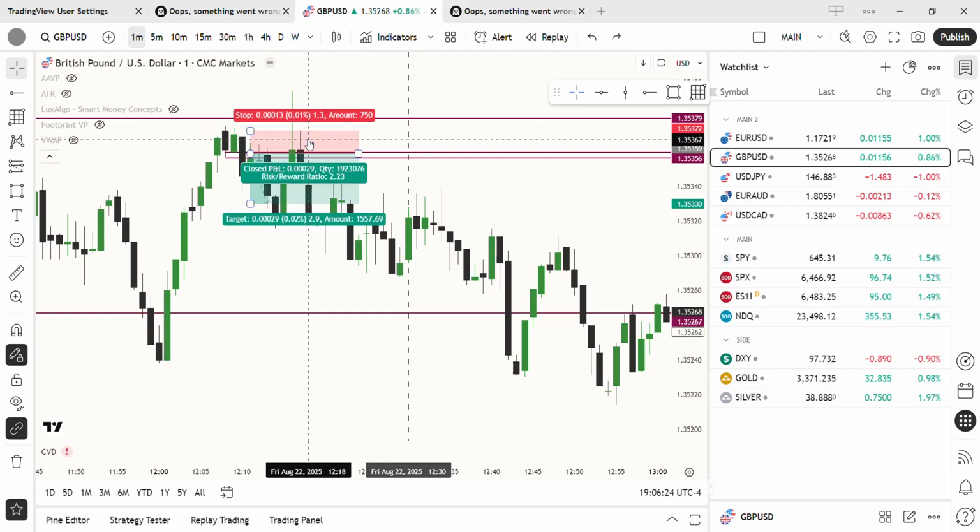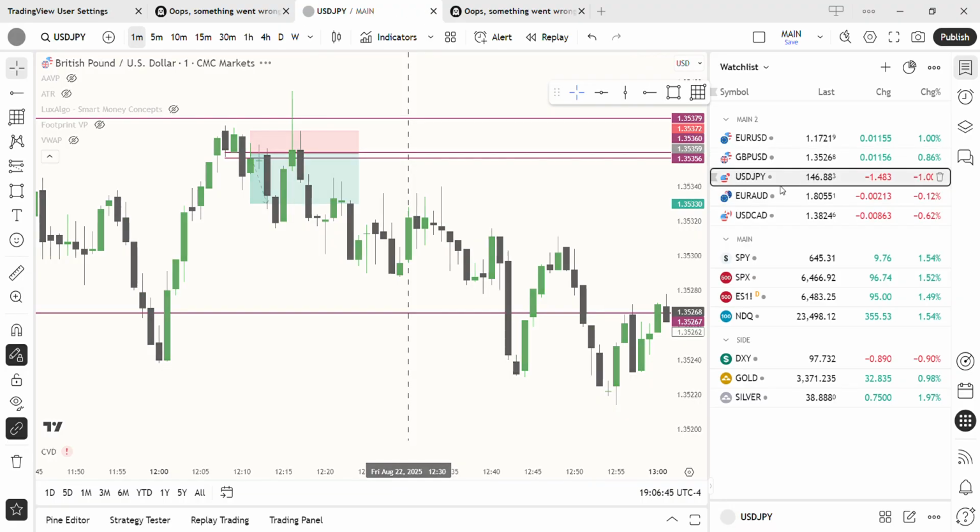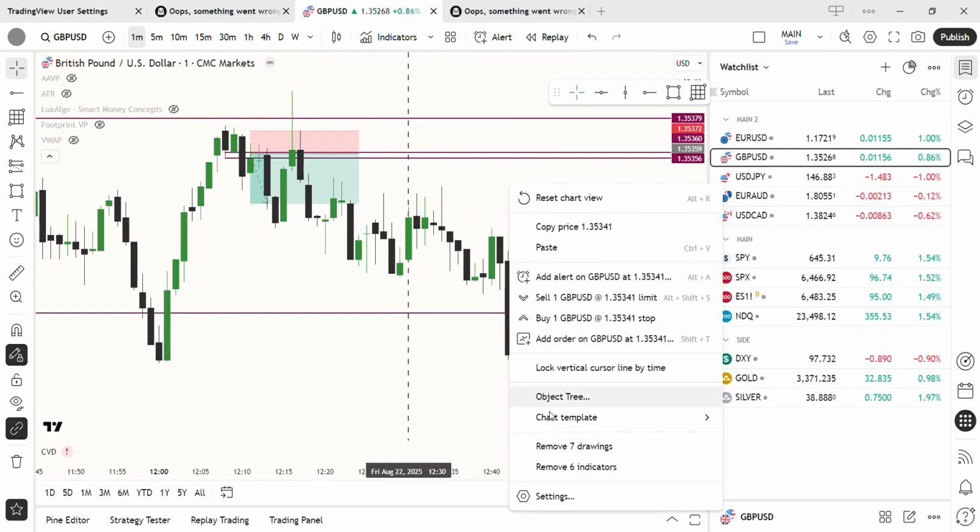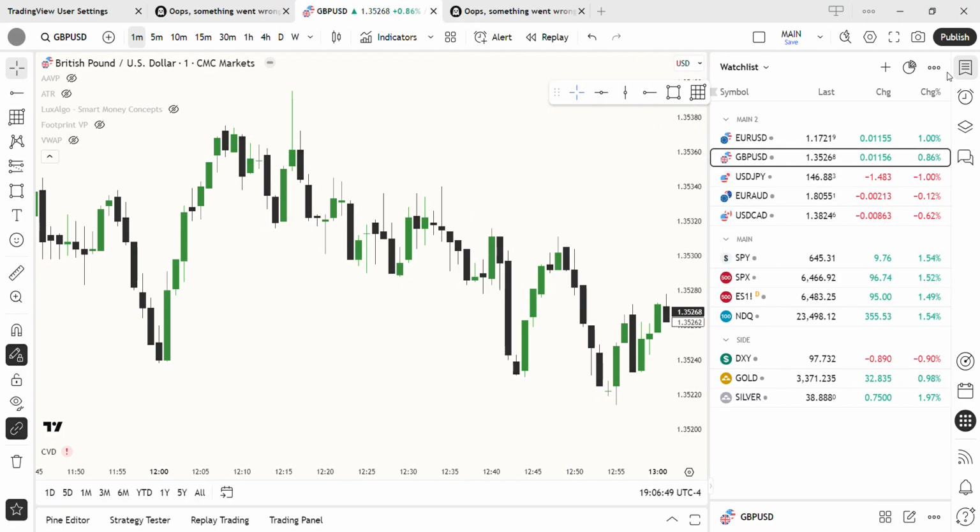So one trade, 1 to 2, 2.23, uh, 1.3 to 2.9 pips. Okay, I'll be back. I'm gonna grab some food before we switch to USD JPY. Give me 1 second.